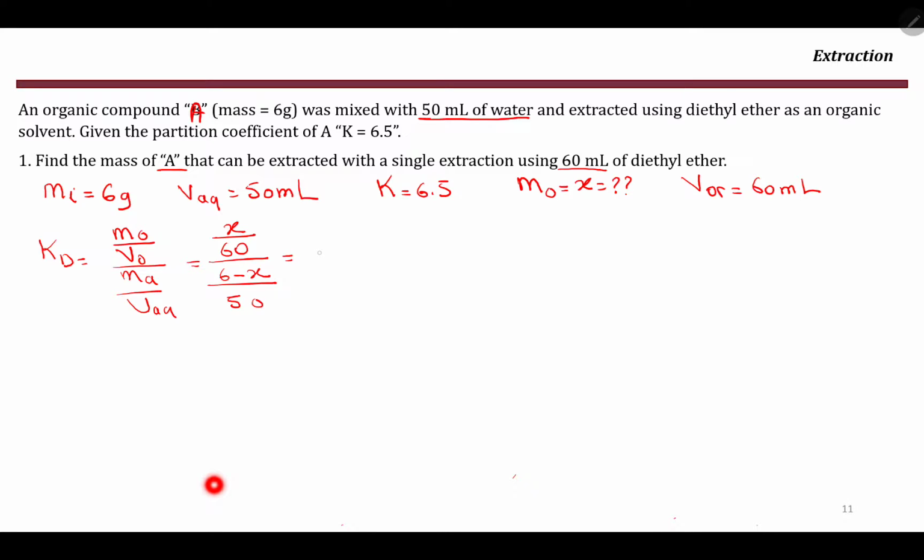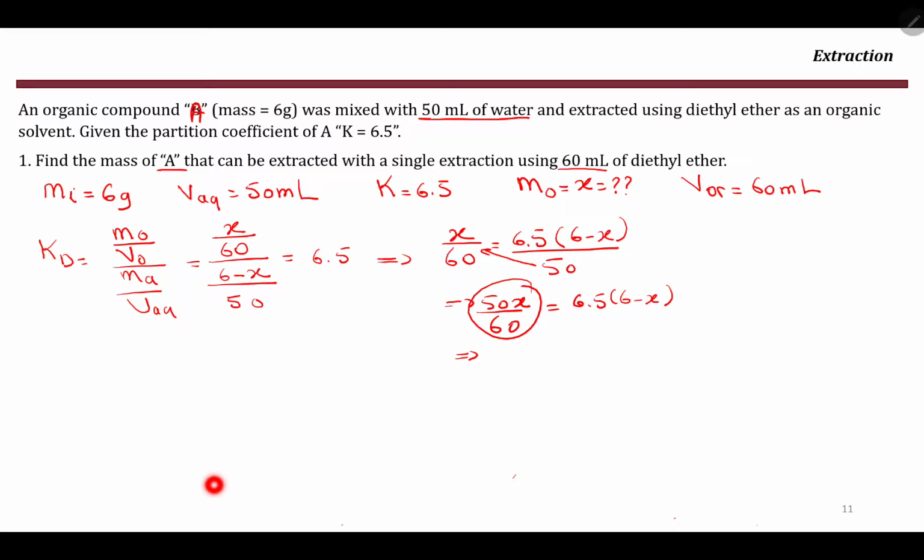And this is equal to 6.5. Doing the math quickly, x over 60 is equal to 6.5 times (6 minus x) over 50. So 50x over 60, I've just moved this here, is equal to 6.5 times (6 minus x).